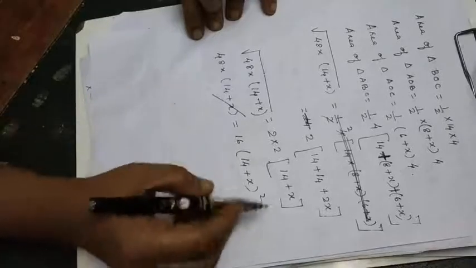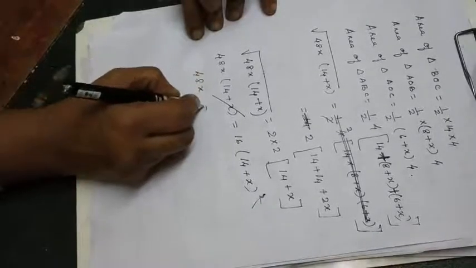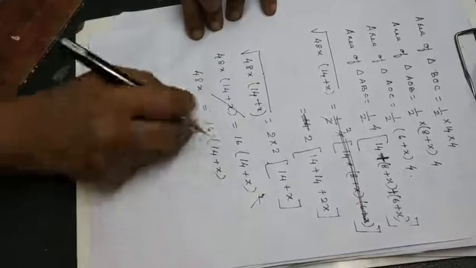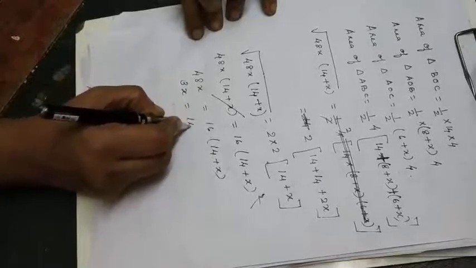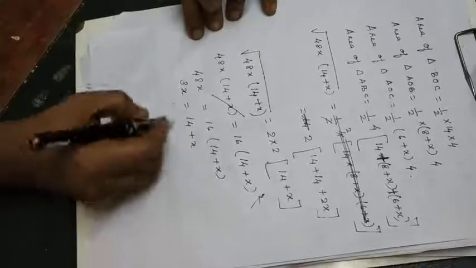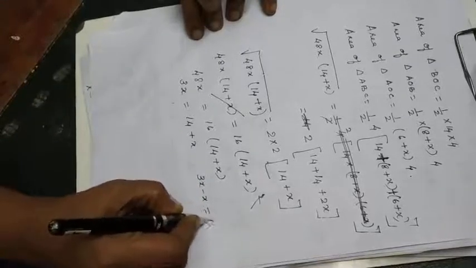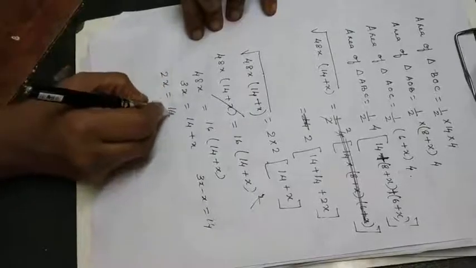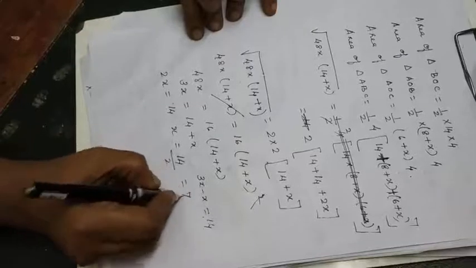So 14 plus x you can cancel. 48x equal to 16 into 14 plus x, you divide this with 16, so 3x is equal to 14 plus x, or 3x minus x is equal to 14, or 2x is equal to 14, or x is equal to 14 divided by 2, 7 you will get.